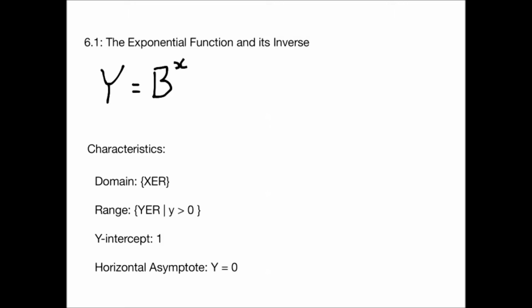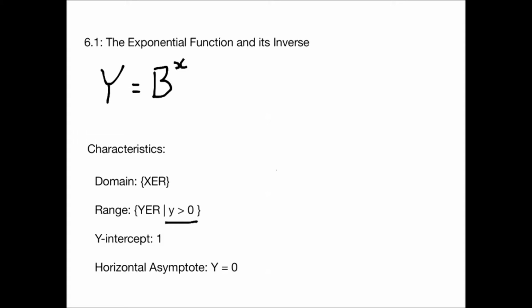The characteristics of the exponential function: the domain is all x, as you can see here, which is also known as x belongs to all the real numbers. For the range, y is greater than 0.